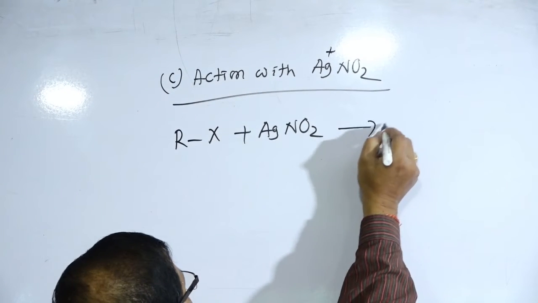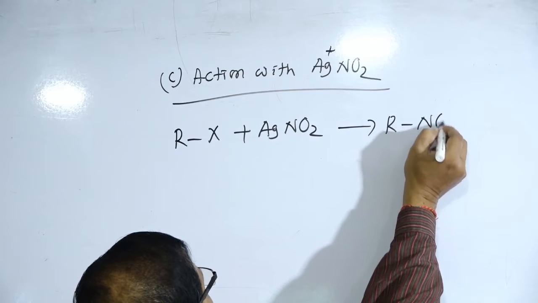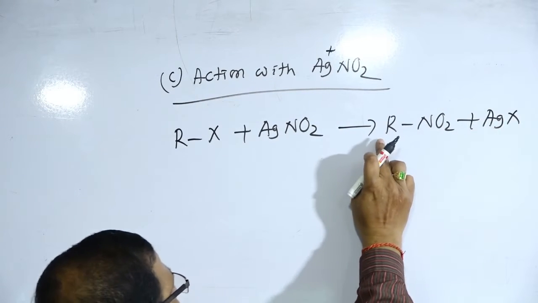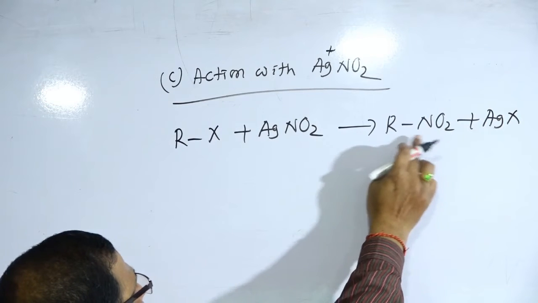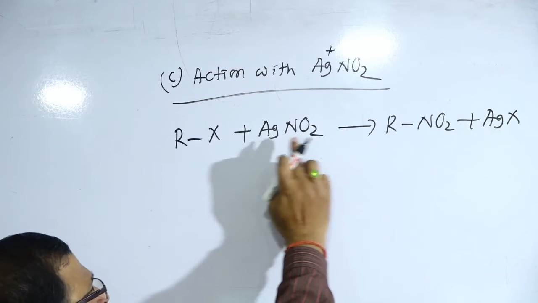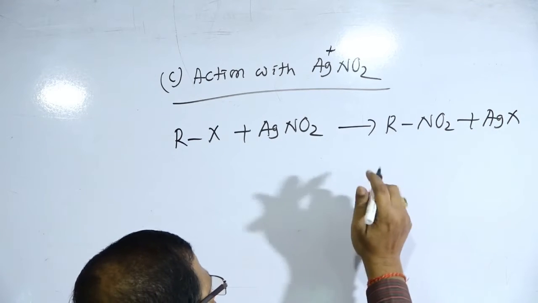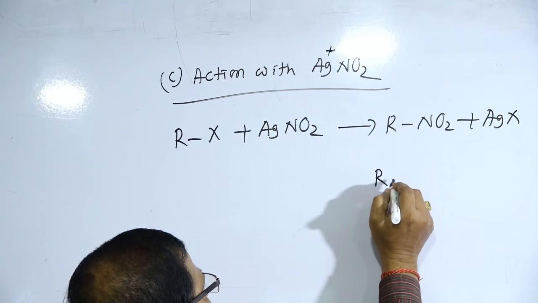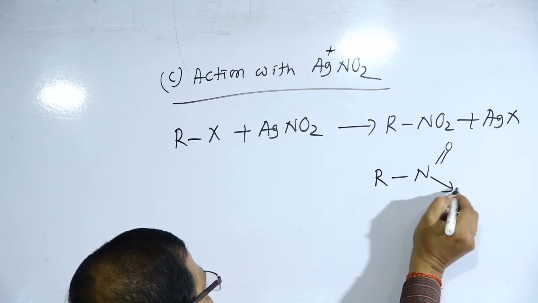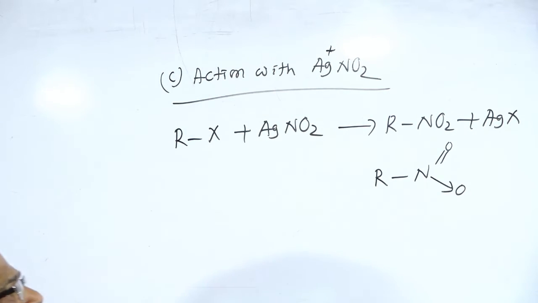So there is the formation of RNO2 plus AgX, that is nitroalkane. Alkyl halides react with silver nitrite, giving nitroalkane. The bonding representation is R-N(=O)-O, that is RNO2, nitroalkane.